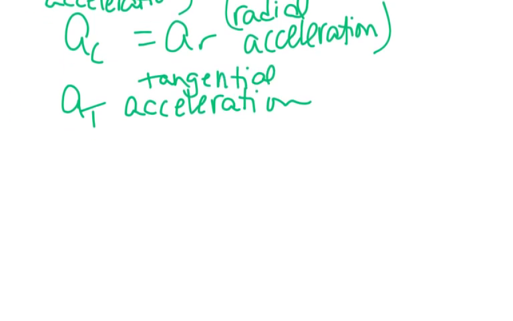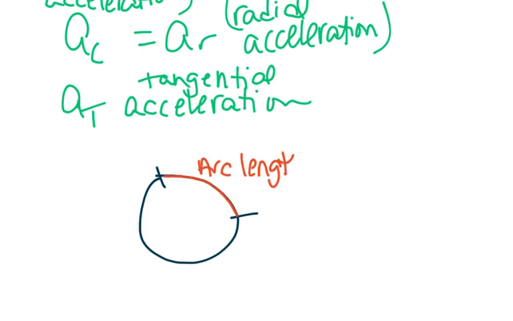So there's a couple of things that go on with our circle, okay? You could have what we call the arc length S. We also refer to that as our tangential displacement or our linear displacement. And then we have these different accelerations.